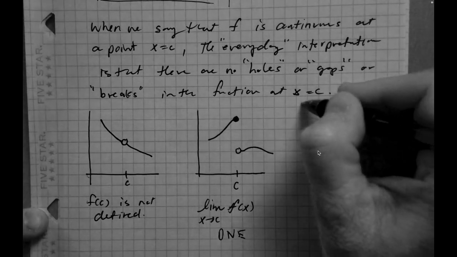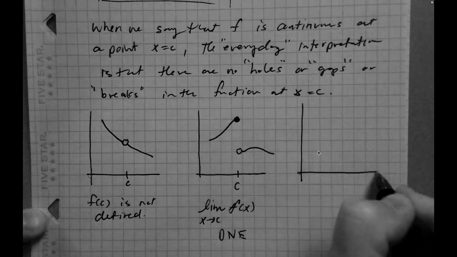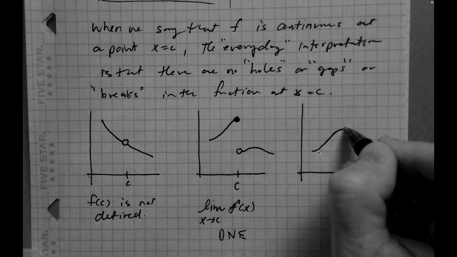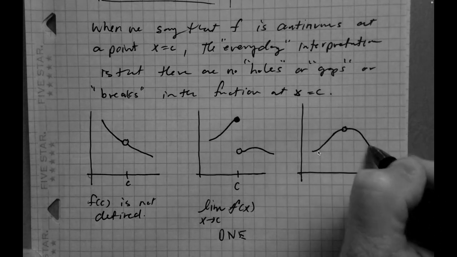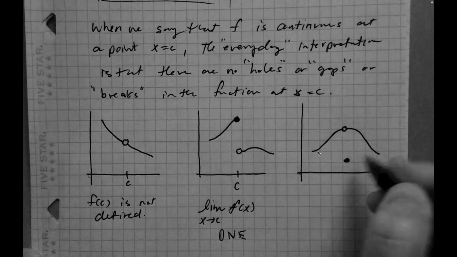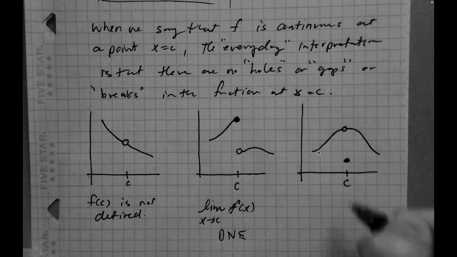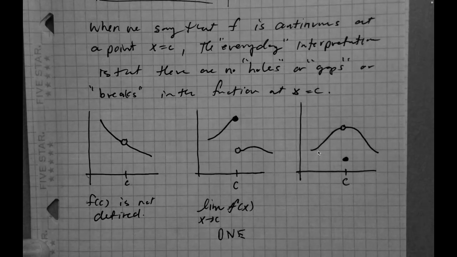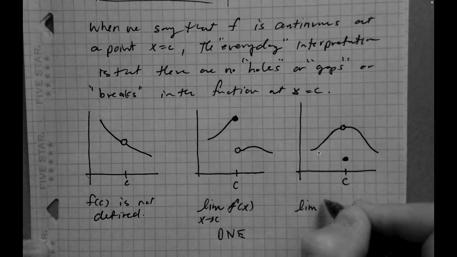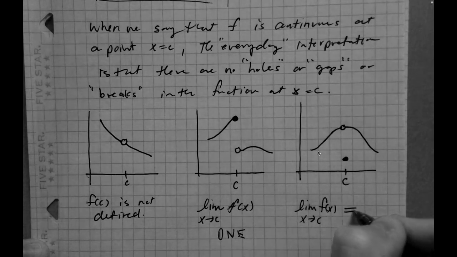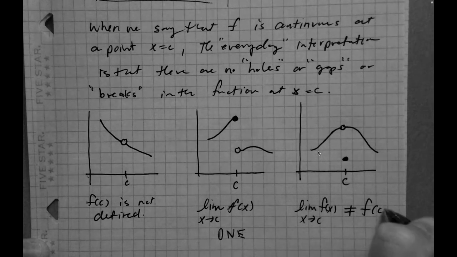Another scenario you might see would be something like this, where you've got the function trucking along, you've got a hole, but the function is actually defined at c. In this case, the limit of the function at c is not equal to the value of the function at c.